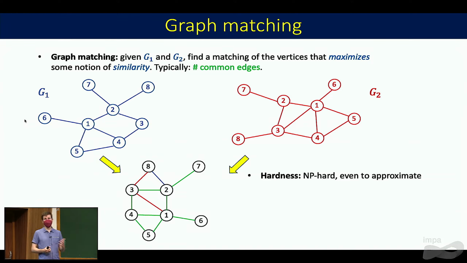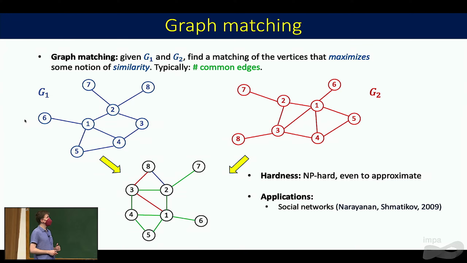Now, this is hard in general. So that's an issue. But at the same time, graph matching does arise in a bunch of applications where this task is solved effectively. So some examples are in social networks. You have, for instance, two different social networks, and you want to map users in one social network to users in another.